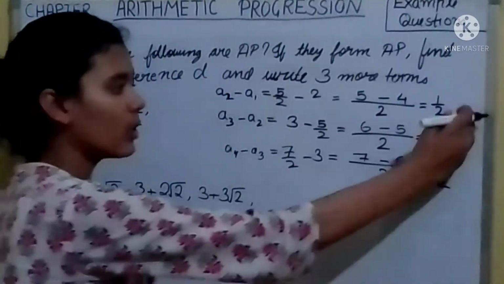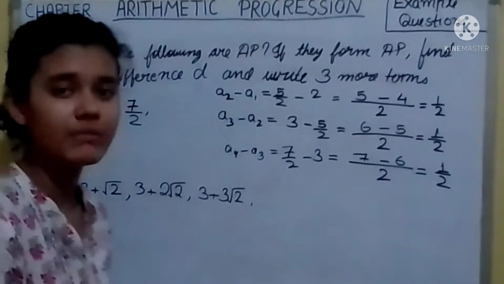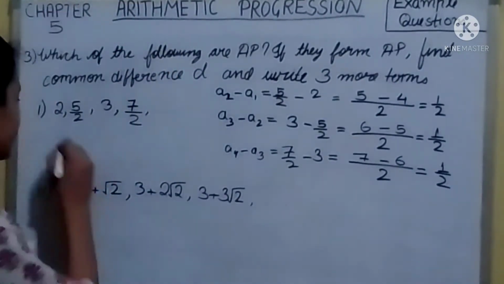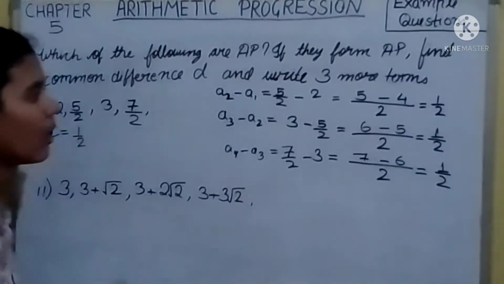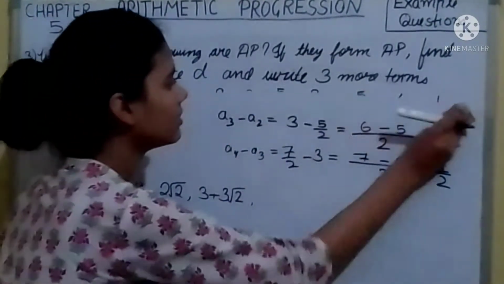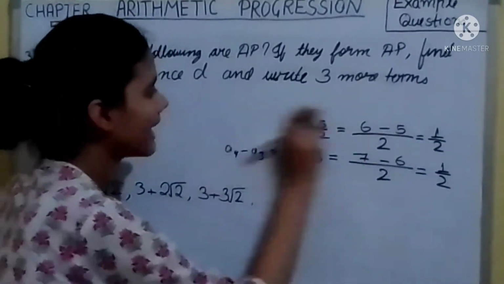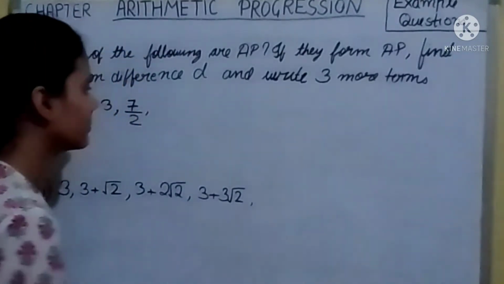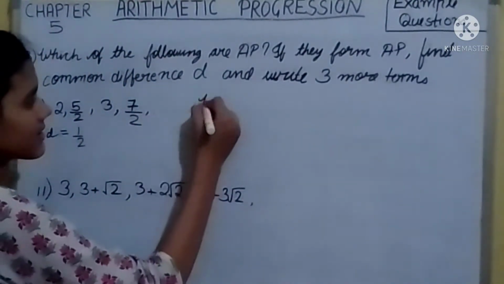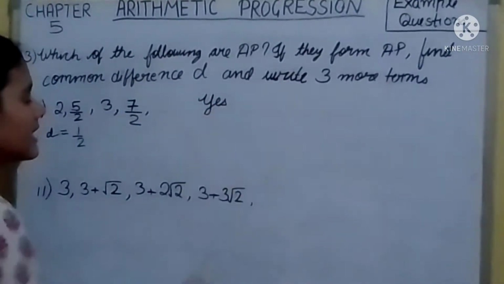So here what we have got is that the difference between them is 1 by 2. So the common difference is 1 by 2 for all. Okay. So now we have got that the common difference is the same, that is 1 by 2. Therefore this is an AP. So we will write yes, this is an AP.